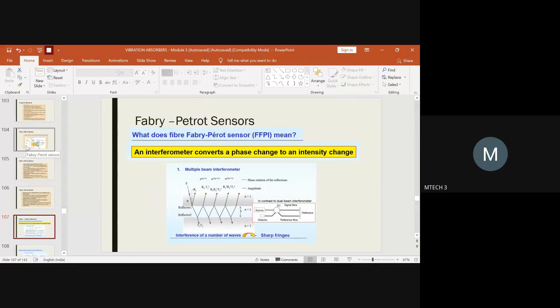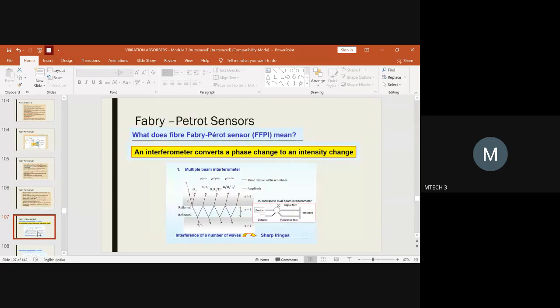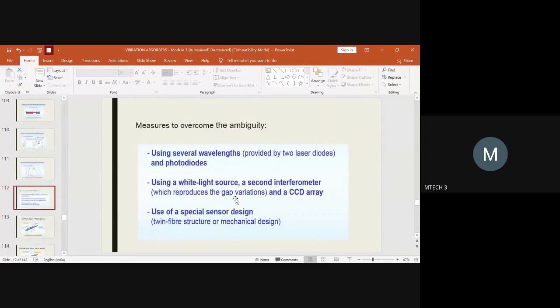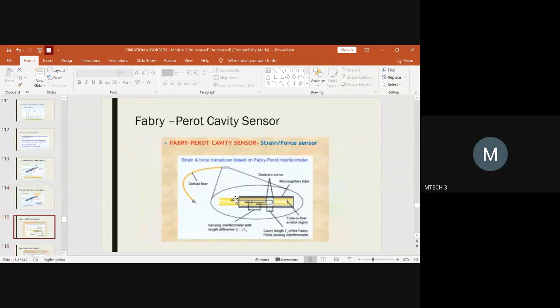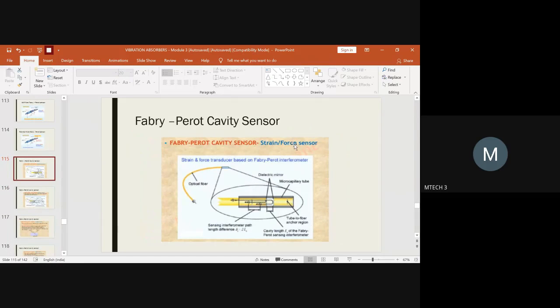We also dealt about the different types of Fabry-Perot sensors, with respect to variation in temperature and pressure, and the reflection concept. Later I told you about the position sensor as well as the strain and the force type of sensor. Based on the requirement, you can select which type of Fabry-Perot sensor you need.